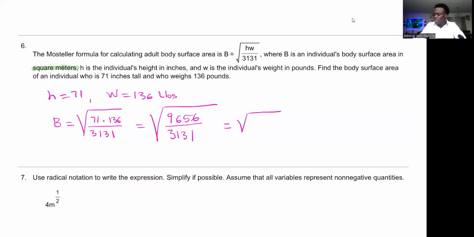Then I divide 9,656 by 3,131. I'm going to write the entire expression. If you are tired of doing it, I'm showing you that I do it. I do it to show you how to do it. If you don't do it for me, you have no credit.